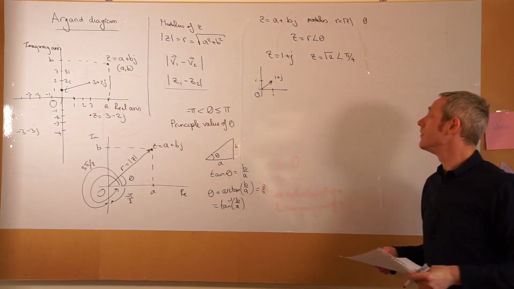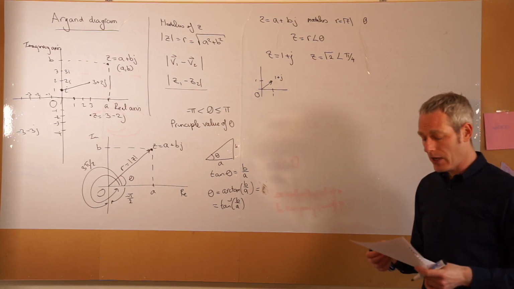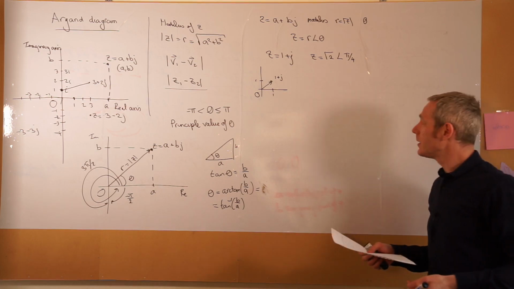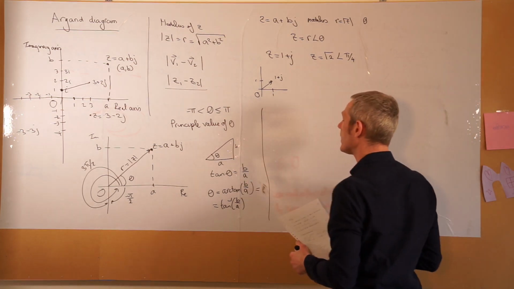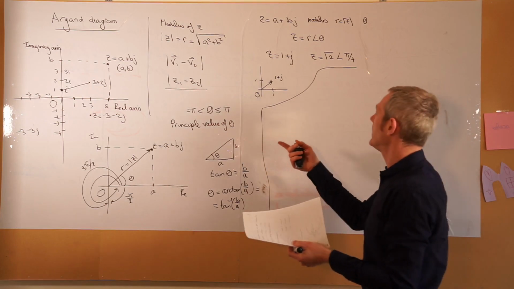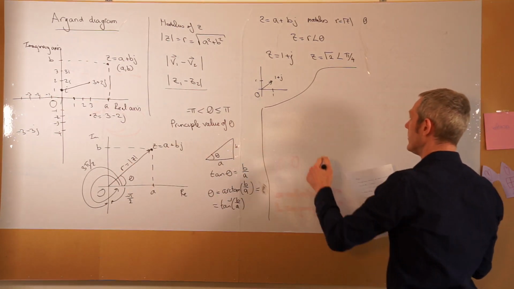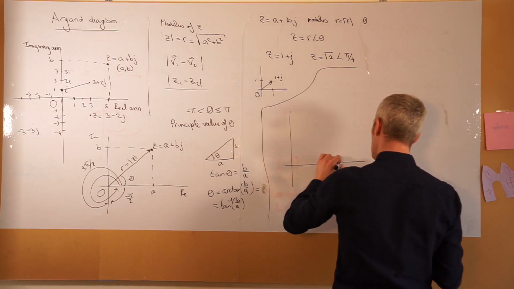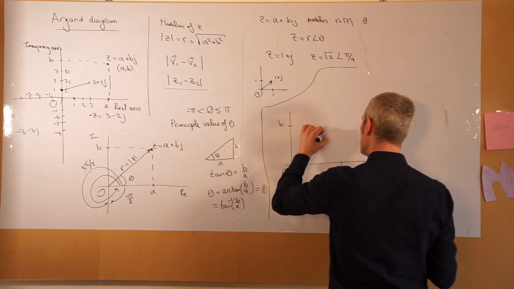Why is this form convenient? Well, if we use this form, multiplication and division become practically trivial. Before we get there, I want to introduce another form to write our complex numbers in, which is simply taking this diagram, which I will draw again, and looking at the properties of this vector.